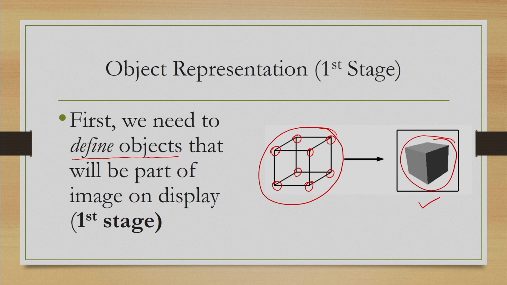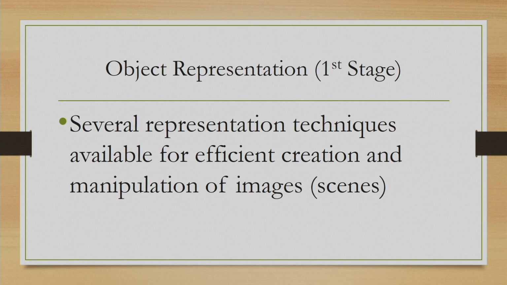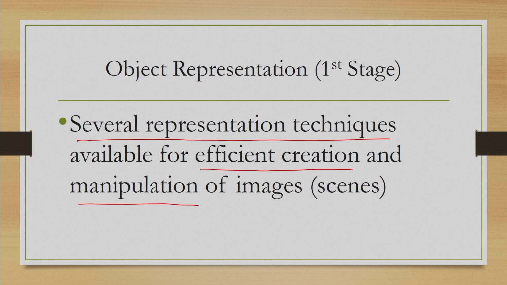That is the definition in this simple case, that is, what are the vertices or what are the edges as pairs of vertices. Of course, a cube is a very simple object. For more complex objects, we may require more complex definitions, more complex ways of representing the objects. Accordingly, several representation techniques are available for efficient creation and efficient manipulation of the images.